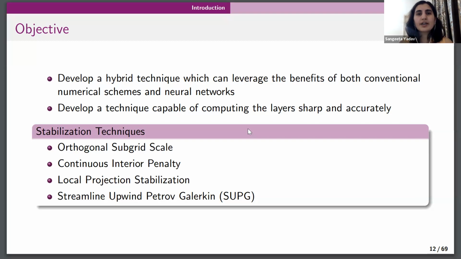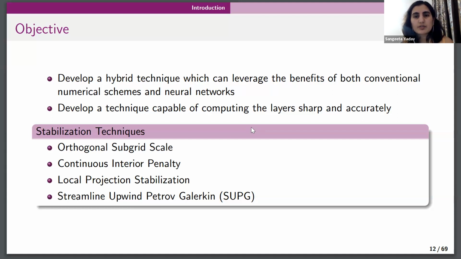So we thought, why not use the advantages of both worlds and come up with a hybrid scheme which can leverage the benefits of neural network for approximation of the function and the structured definition of elements and mesh and the stabilization from the conventional numerical scheme.